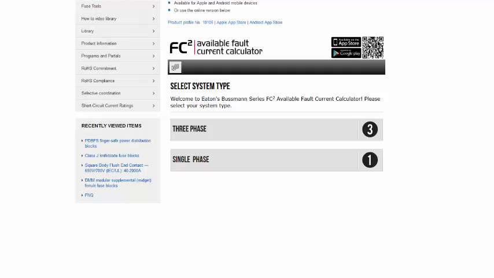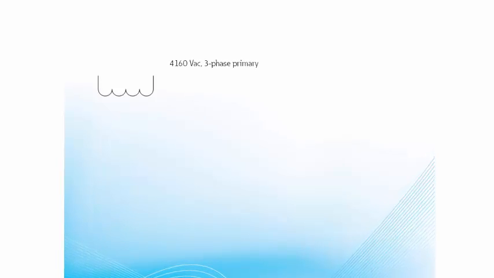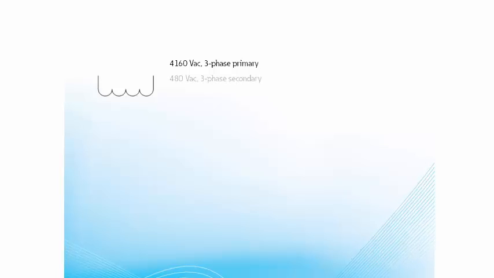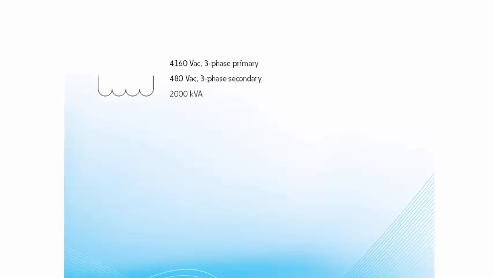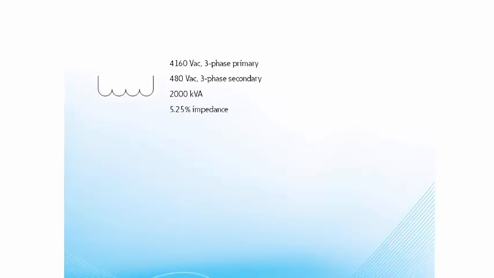So today we're going to model a system with a large transformer that's coming into the building, and it has a 4160 volt primary, 3-phase, and a 480 volt 3-phase secondary. It's a 2000 kVA transformer that is 5.25% impedance.